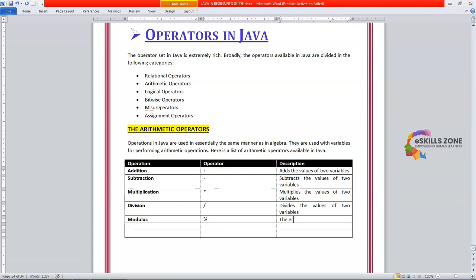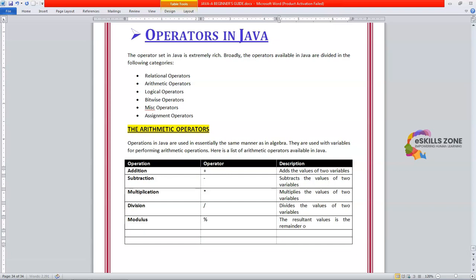The resultant value is the remainder of division. Next is increment.